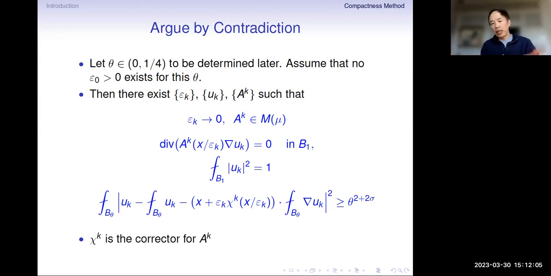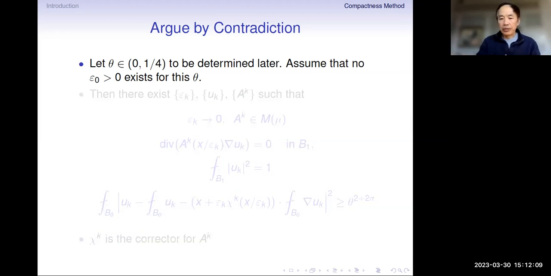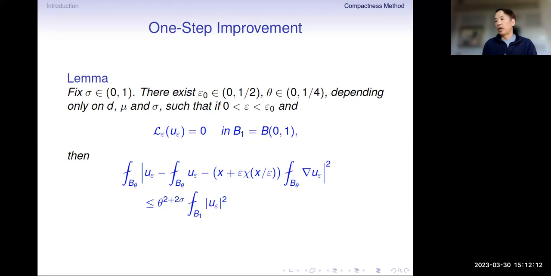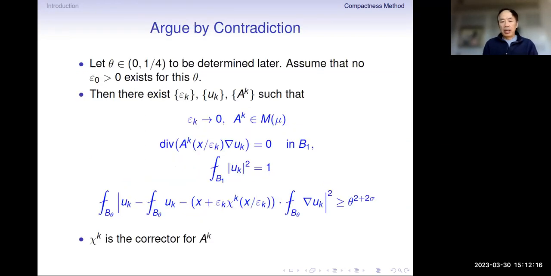So it's greater or equal to theta squared plus 2 sigma. You simply reverse this inequality. Okay, and here chi k is the corrector for A super k.